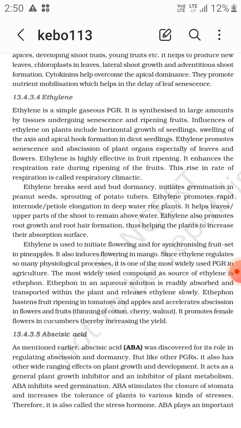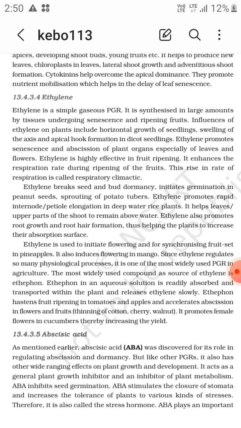Now ethylene breaks seed and bud dormancy and initiates germination in peanut seeds. So as you can see, ethylene can also be known as a promoting PGR. It initiates germination in peanut seeds and sprouting of potato tubers.